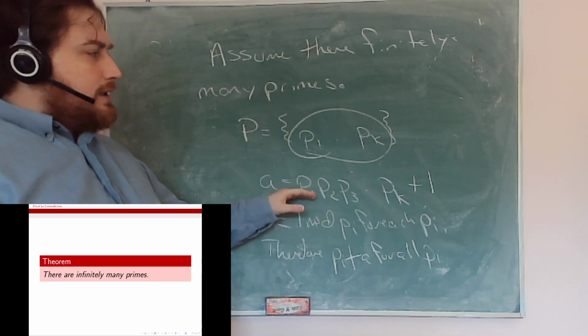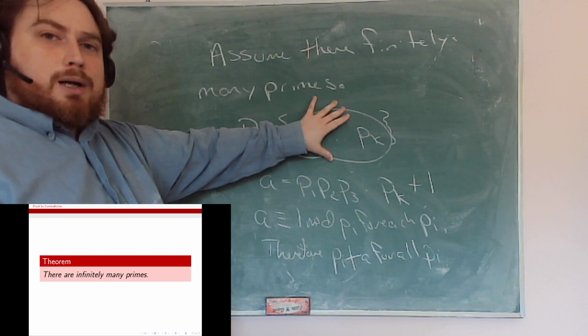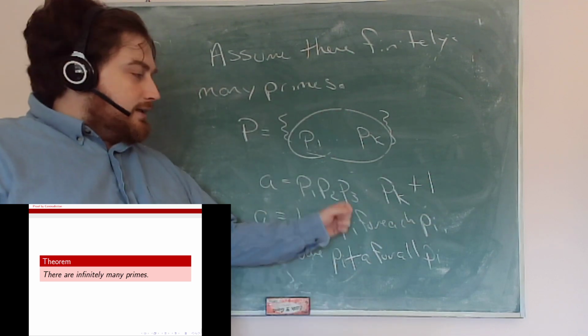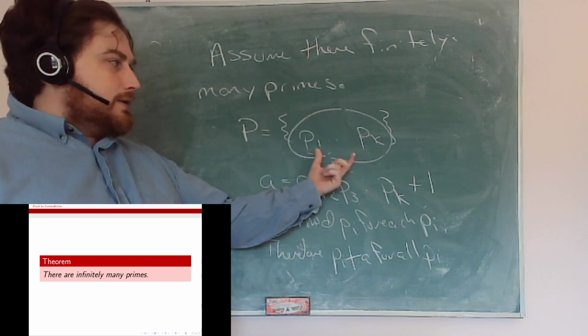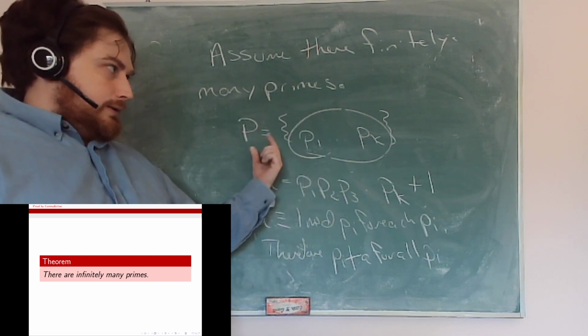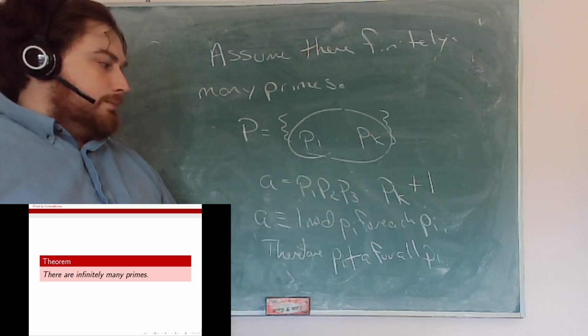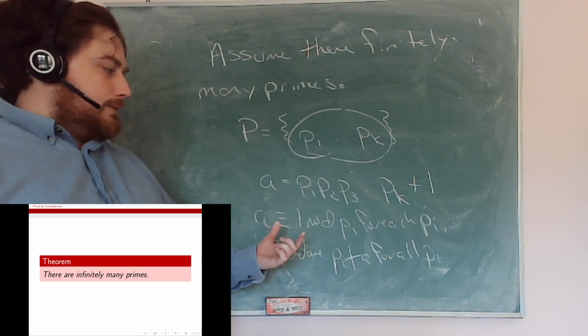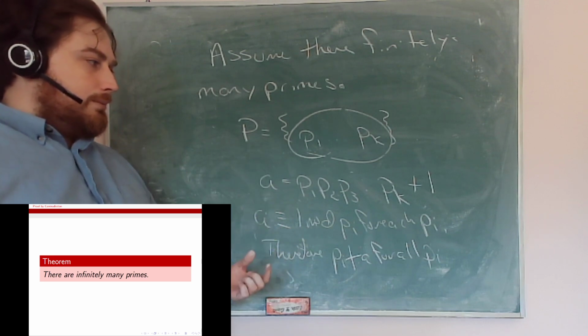So what that means is that if there were finitely many primes, I could multiply them all together and add 1. This new number would not be divisible by any of the primes, and therefore, in and of itself, would actually have to be prime. But since these are all of the primes, we can't have another prime.